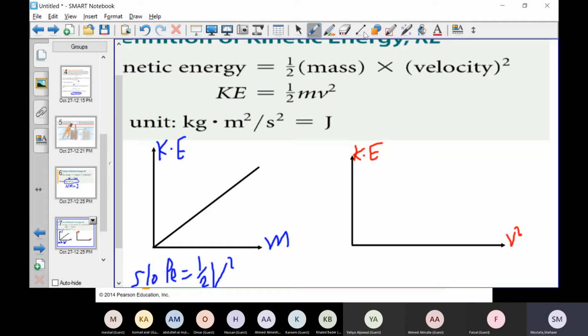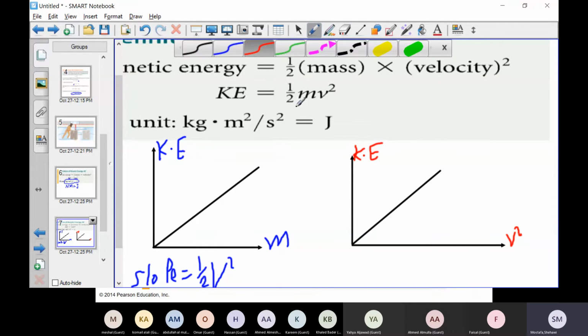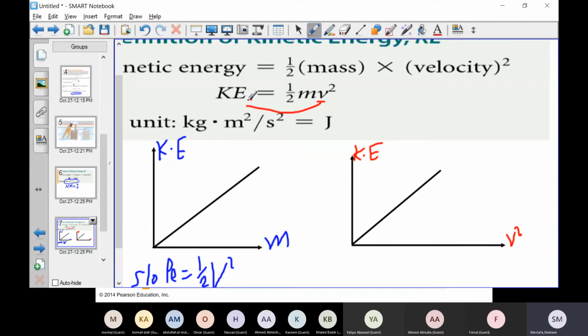The relation first between them is also a straight line. And to find the slope in this case, you have to move velocity to the other side. I'm going to divide KE by velocity squared. So I move velocity to this side. What's left here is half mass.